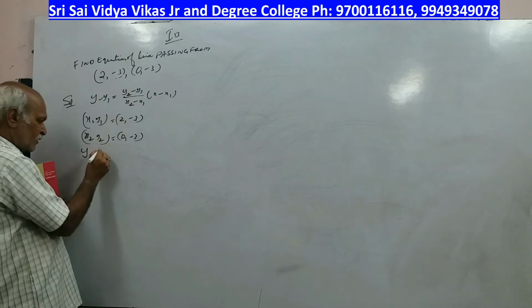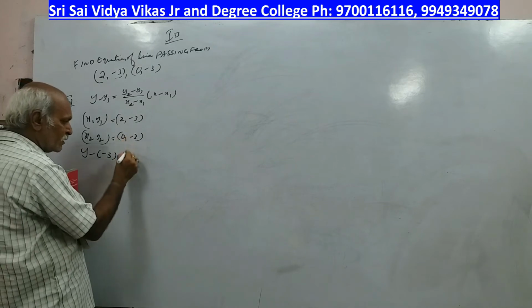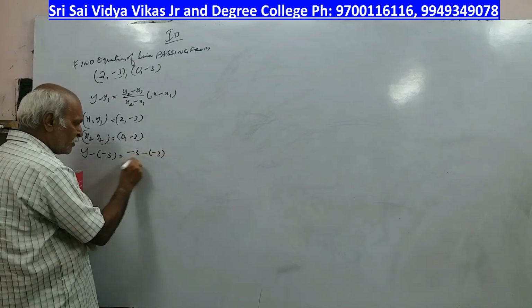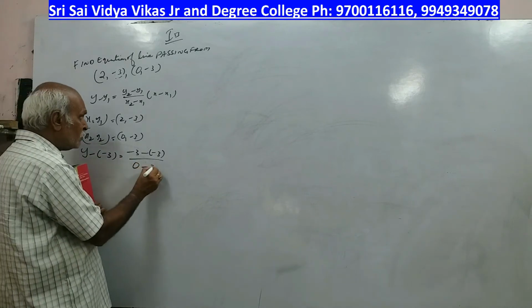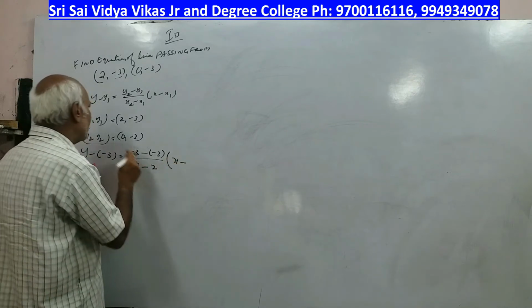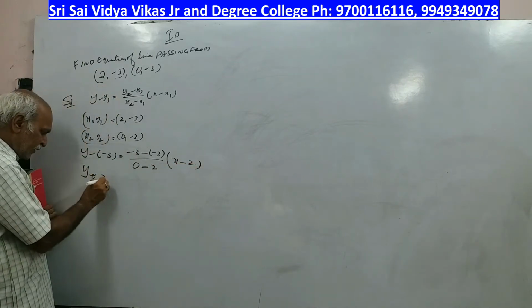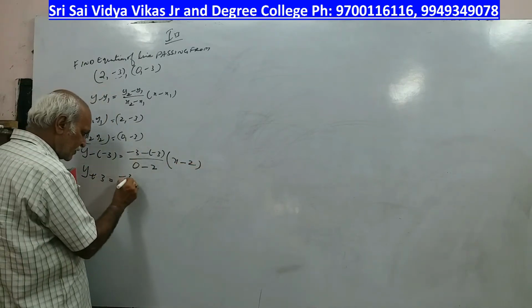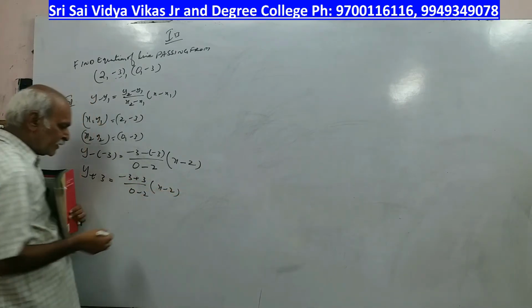Y minus y1, so minus of 3. y2 minus y1, minus 3, minus of minus 3. Substitution is very important, sir. x2 is what, sir? 0 minus 2 into x minus x1. x1 is 2, sir. Now y plus 3, minus of minus is plus, by 0 minus 2, x minus 2.